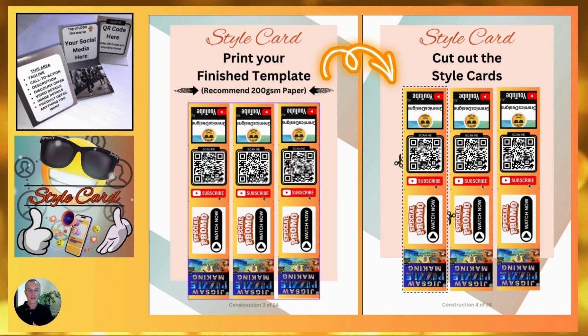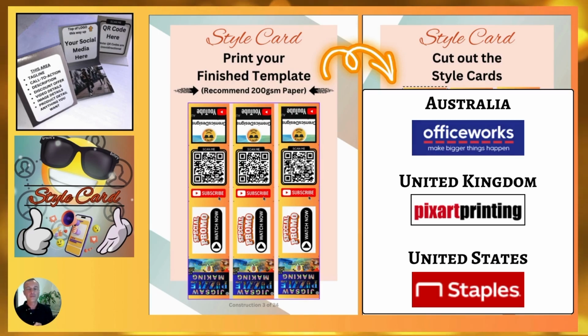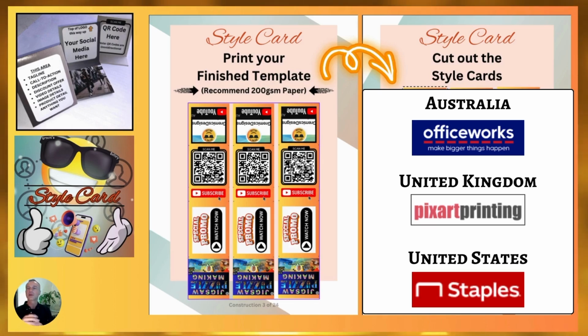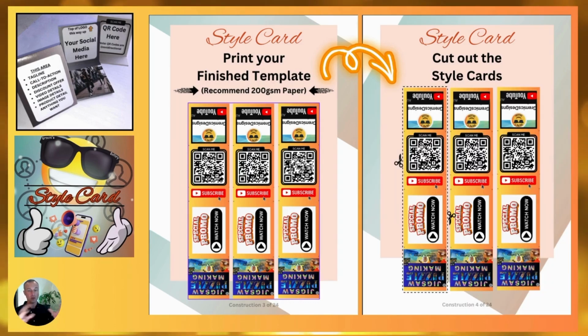I use the Officeworks site here in Australia. In the US you have Staples, and I imagine Canada would probably have Staples. I'm not too sure what you've got in the UK, but you know the type of thing I'm talking about, just an online printing service. It's all online. I just follow the bouncing ball, upload my template, select color, select the size.